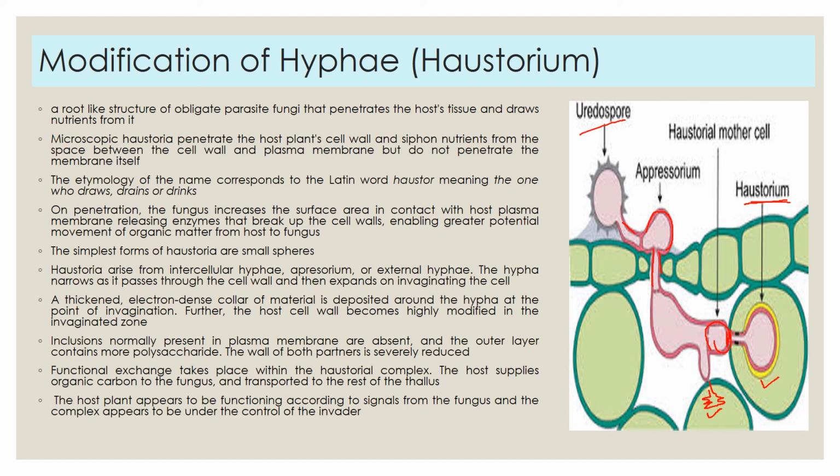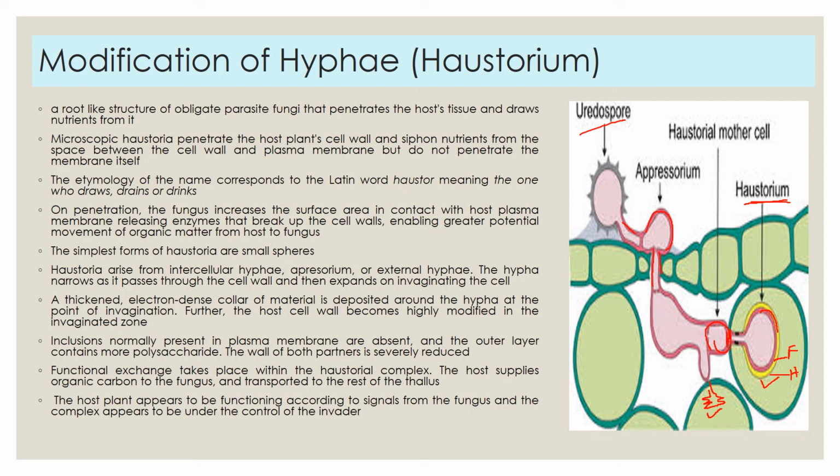And by absorption of nutrients, we mean the interaction between the hyphal membrane, here the red color, and the yellow colored membrane, which is the plasma membrane of the host plant. So interaction occurs between the host plant and the fungal hypha, and in this way food absorption occurs.